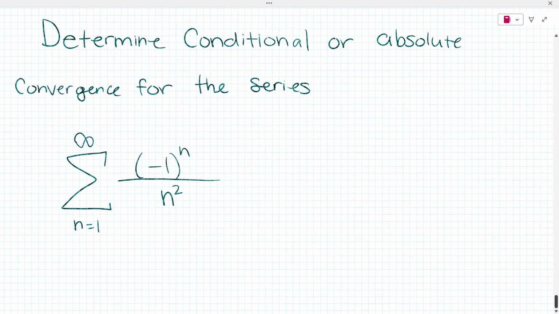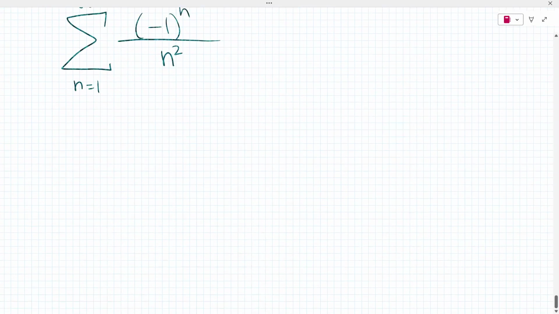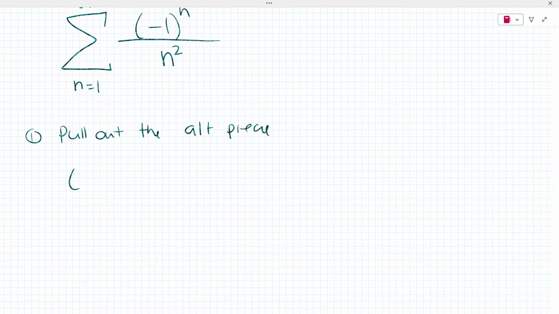So first take out the alternating part, and you are left with 1 over n squared.